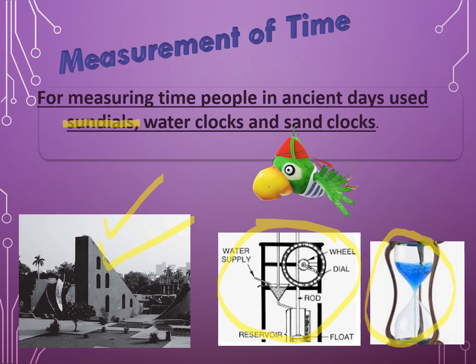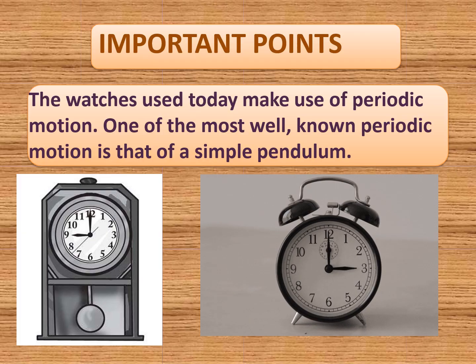Nowadays we are using very sophisticated electronic devices to measure time. These are instruments with the help of which human beings started measuring time from ancient times. If your exam asks you to mention examples of devices used for the measurement of time, you can mention these devices.